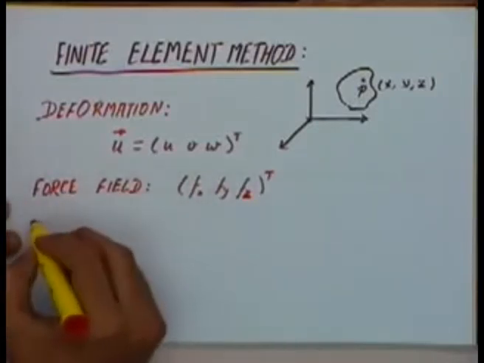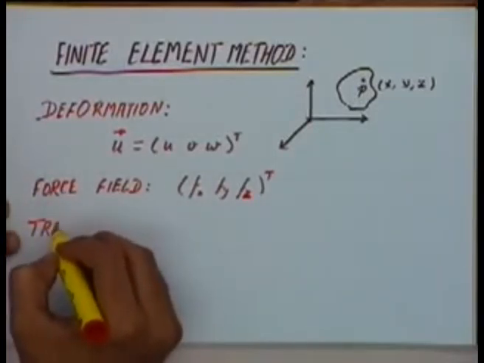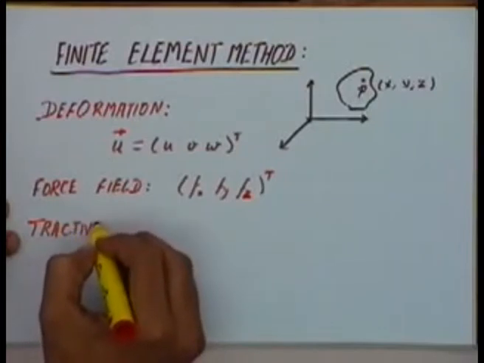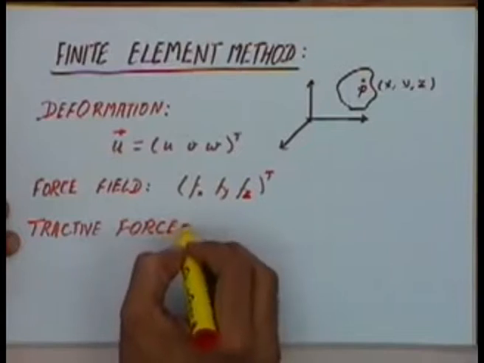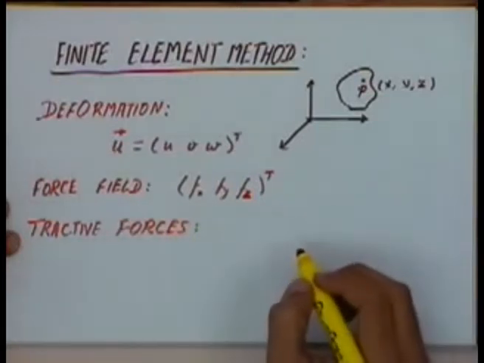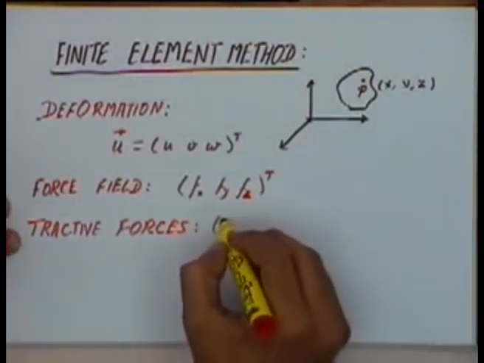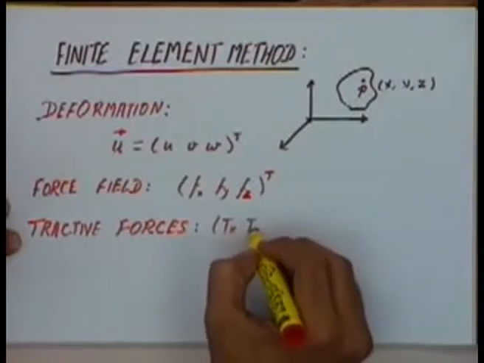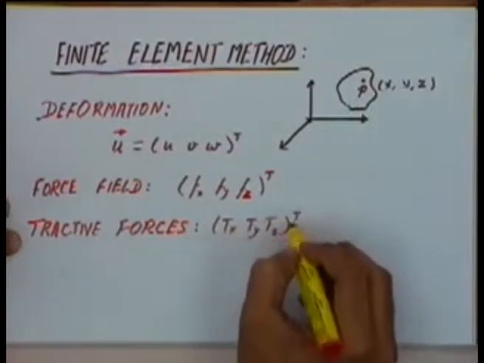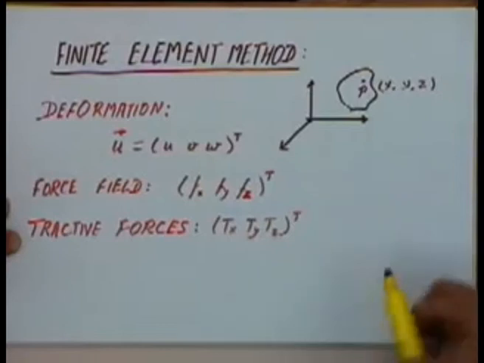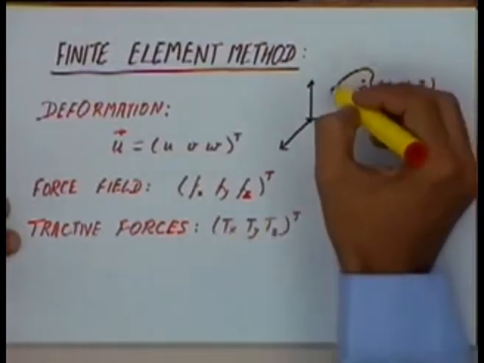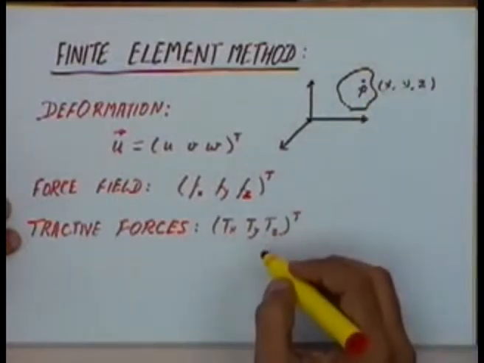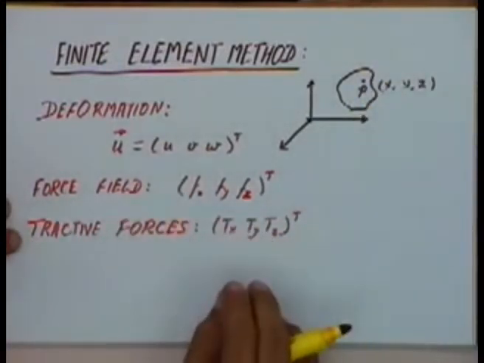Then there can be some tractive forces on the body. These tractive forces will be represented as Tx, Ty and Tz transpose. Now these tractive forces, in the case of a three dimensional body, are the forces per unit area acting on the surface.